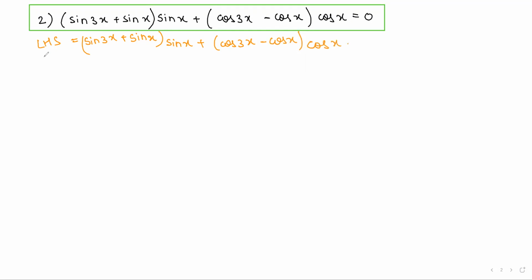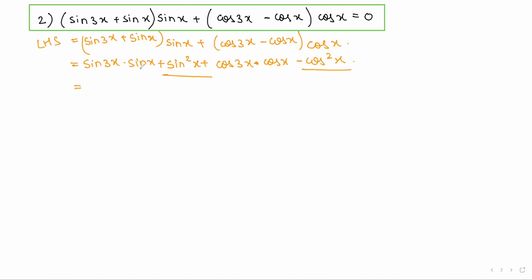And open the bracket, which is sin 3x into sin x plus sin square x plus cos 3x into cos x minus cos square x. Now, sin square x minus cos square x is minus cos 2x.